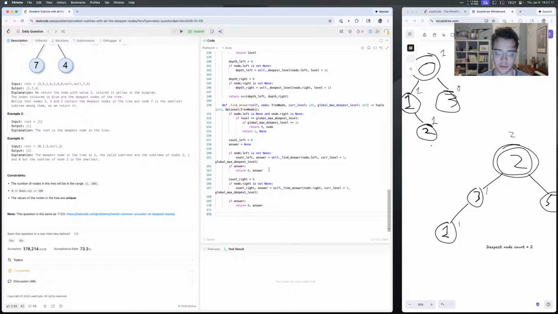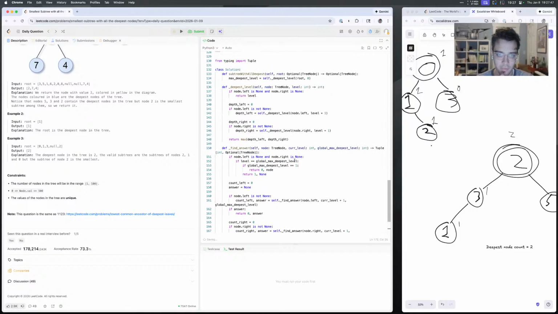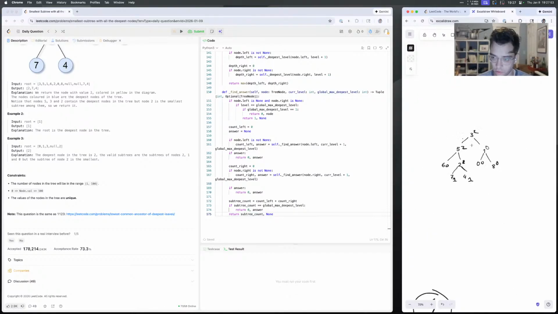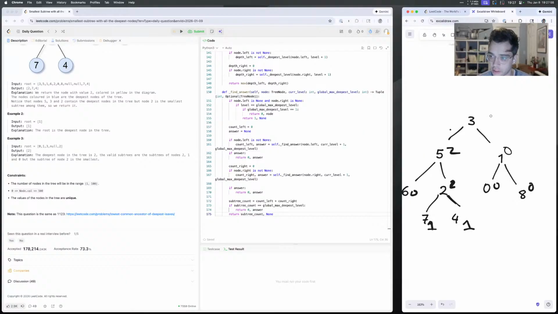I knew my pseudocode was not complete. Let's take a look at our example, or a cleaner example, and make sure it works.